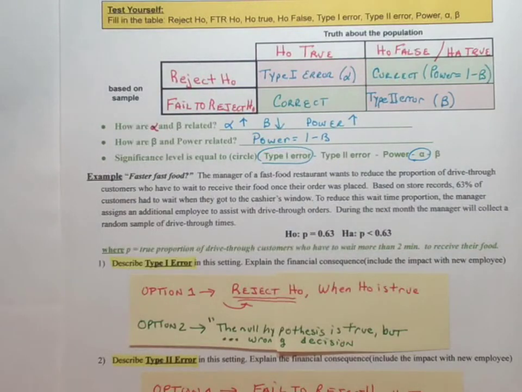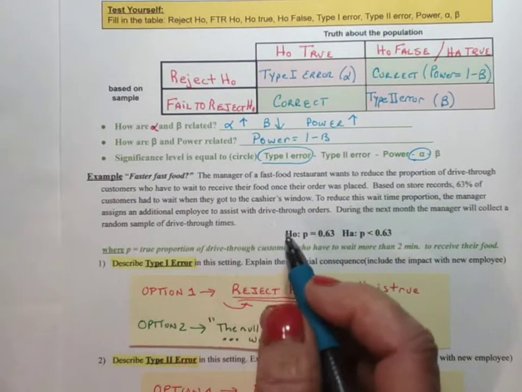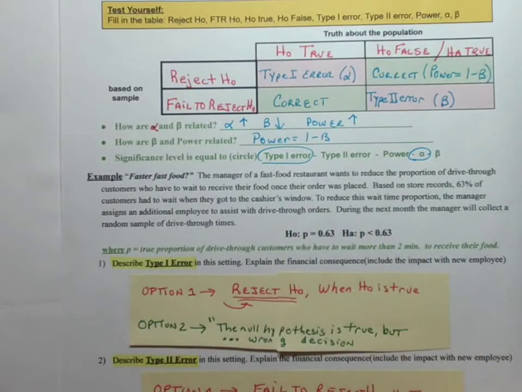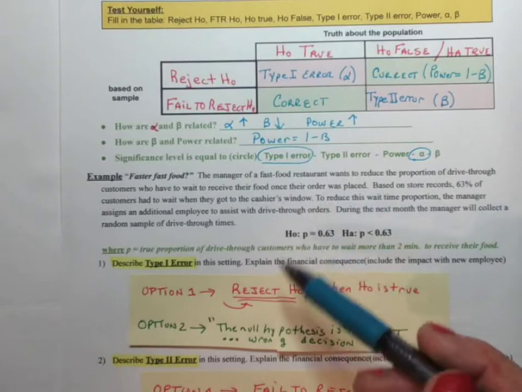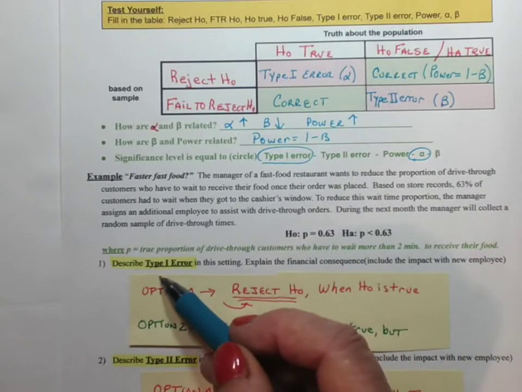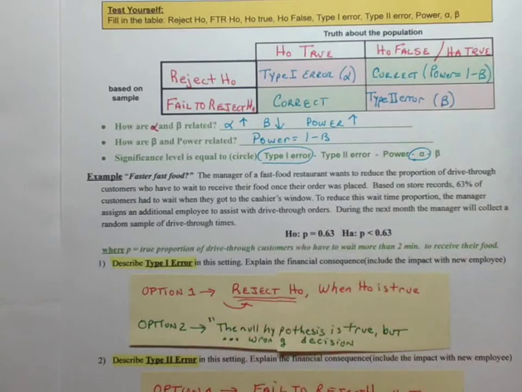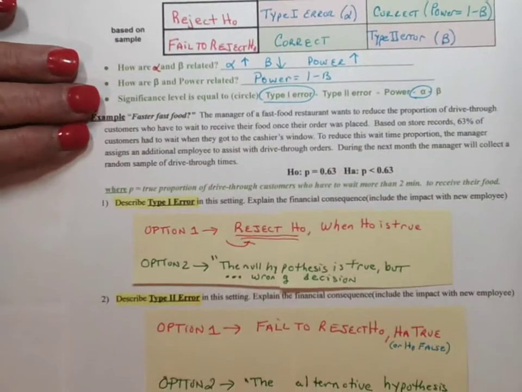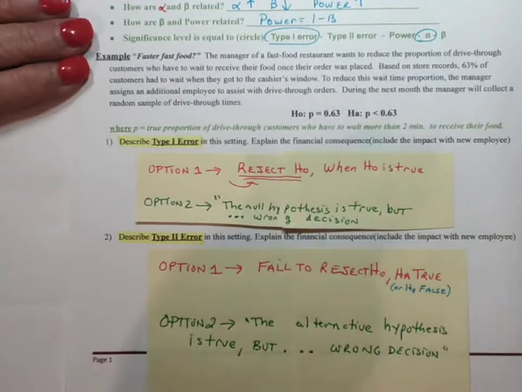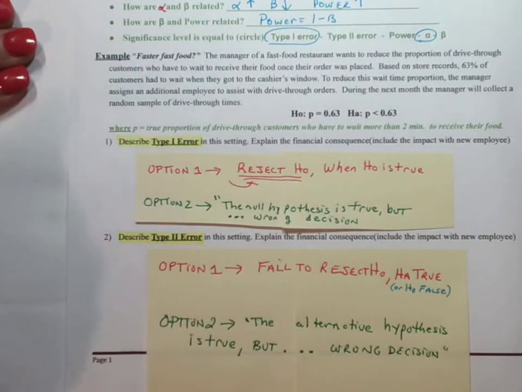All right. So now what I'd like you to do is read this problem, and I want you to go through and decide how to write a type 1 error and a type 2 error. Now, a couple of key things, and you have to find the best way for you to express it.